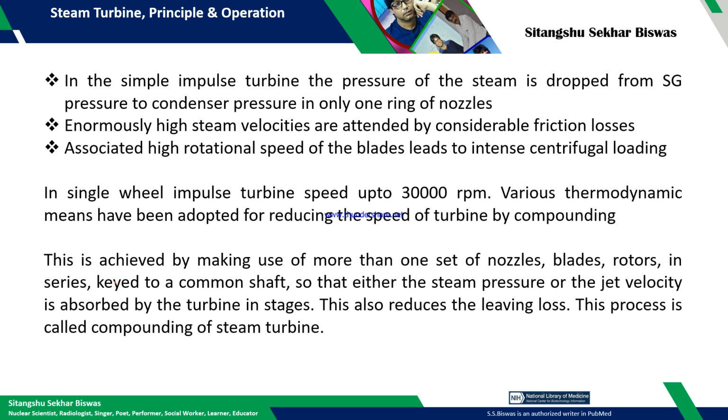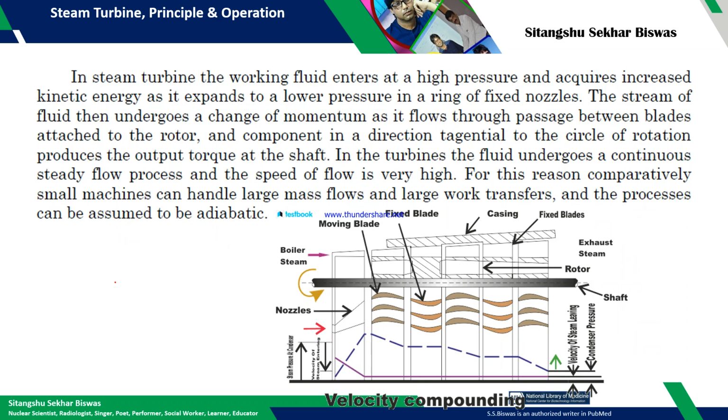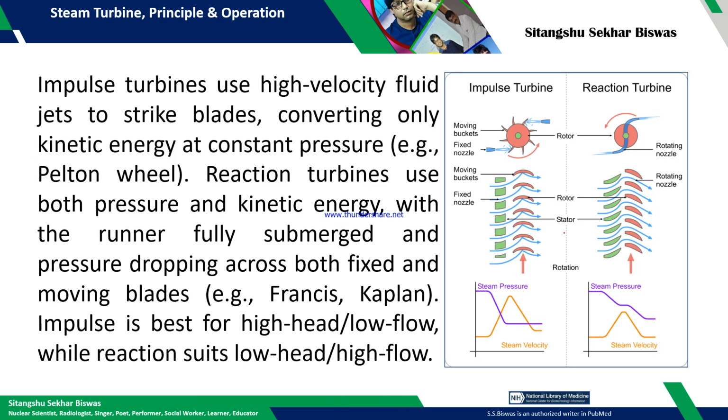In case of a single stage turbine, if you see the earlier slide here, this is a single stage impulse turbine. This pressure is the steam generator pressure, and this pressure is the condenser pressure.